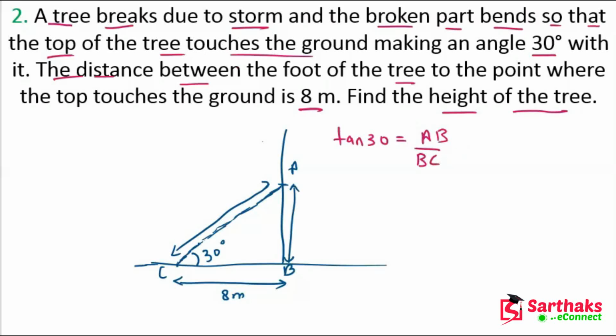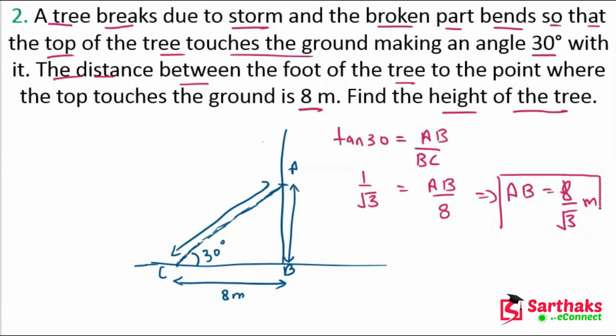So it becomes 1 upon root 3 is equal to AB upon 8. So we have AB is equal to 8 upon root 3 meters. Now we have to find AC. How can we find it?